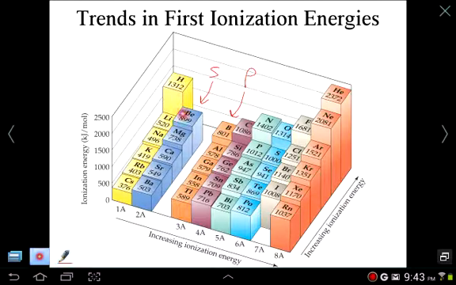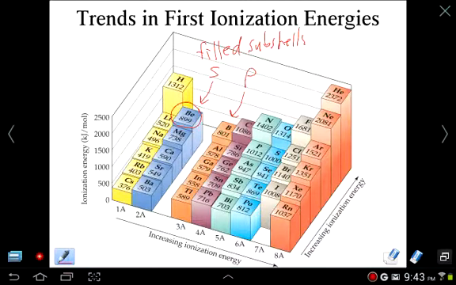So these elements actually have a fully filled s subshell. And then here, they have to open up their p subshell. And recall we said you have extra stability for filled subshells. So because here we have filled subshells, you get extra stability, so you get a higher ionization energy. It's tougher to remove beryllium's electron because it's more stable than it is to remove boron's electron.